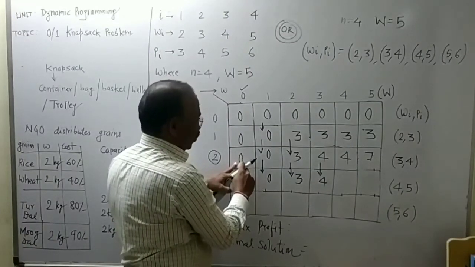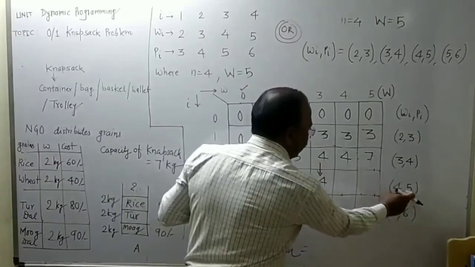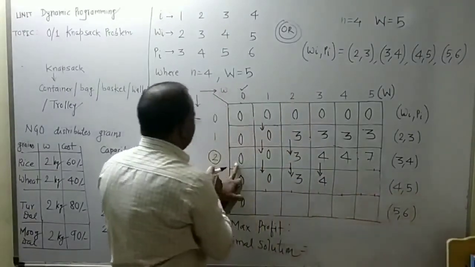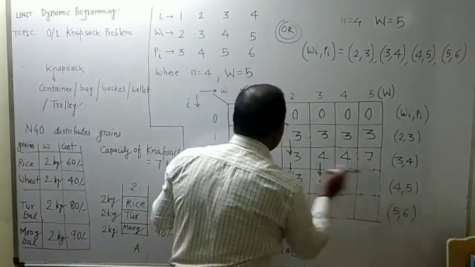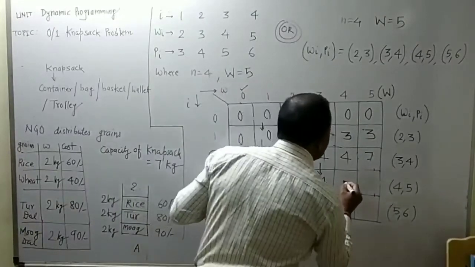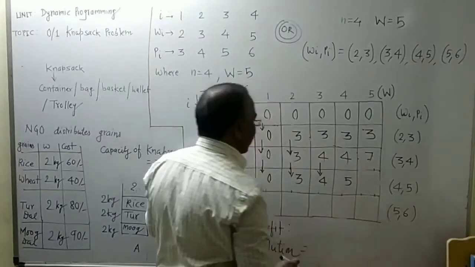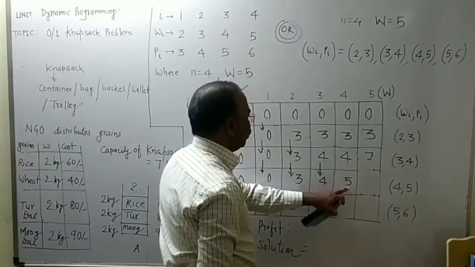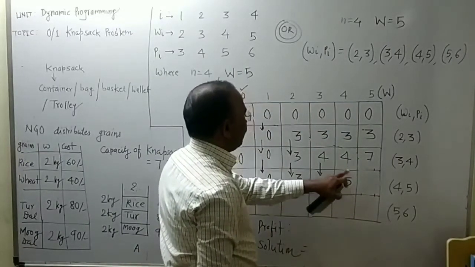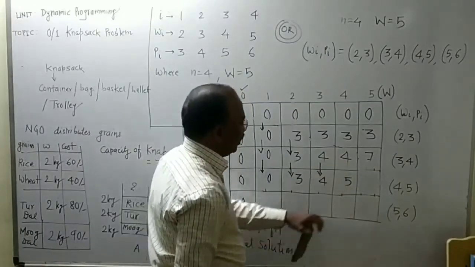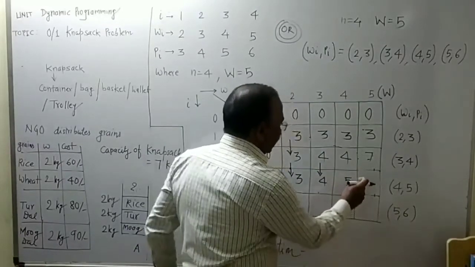So take this 0 and add 5. 5 is nothing but the profit of the third object. Add 5 to this 0, we get 5. Now before putting the 5 here, we have to see that 5 should be greater than the upper value, that is 4.